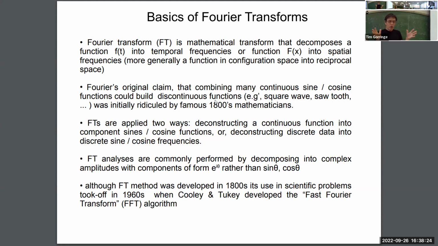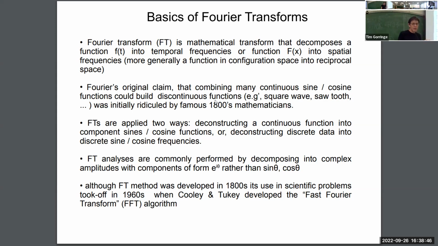So there's two ways it often gets applied. One where the function is a smooth, say, analytical function, and you apply a Fourier transform and you get a smooth set of sines and cosines of continuous frequencies.